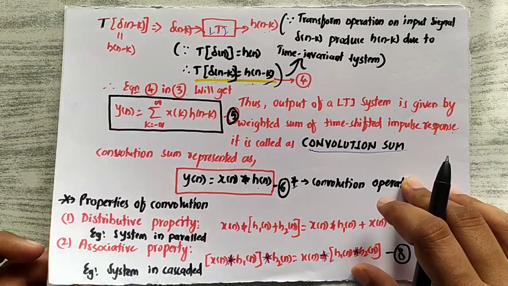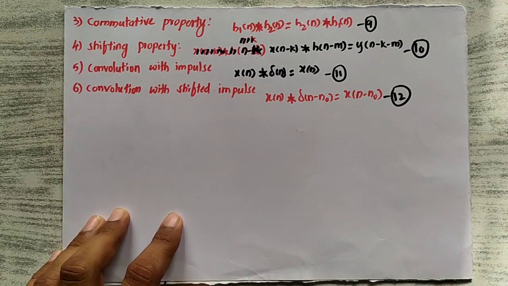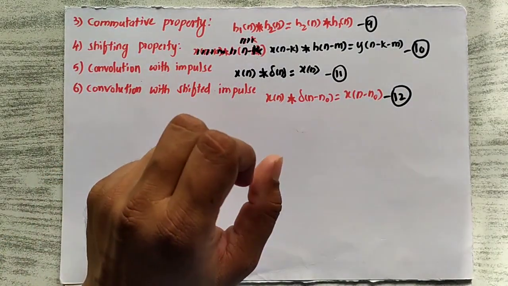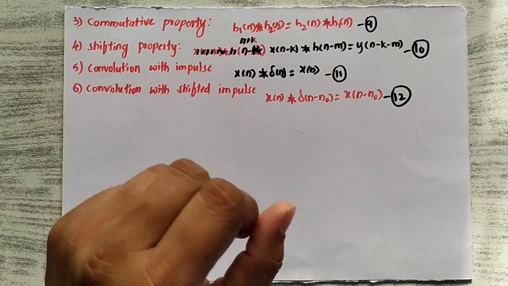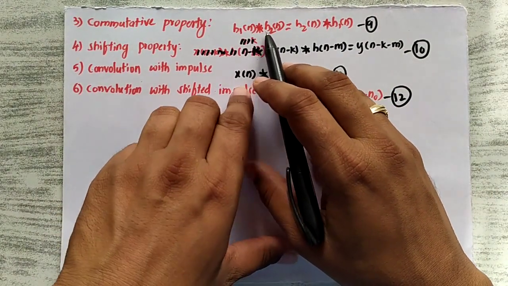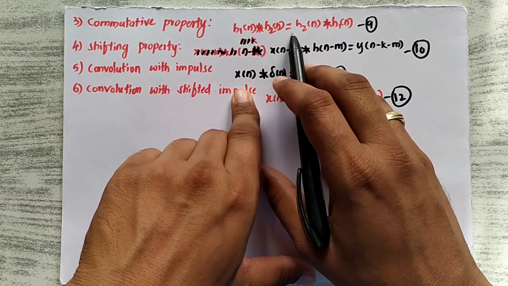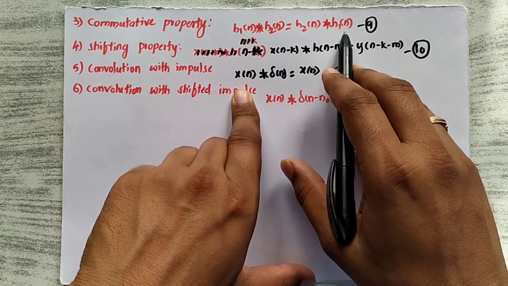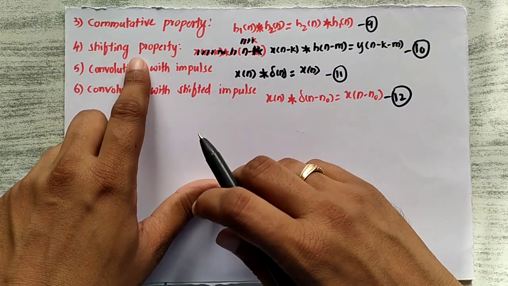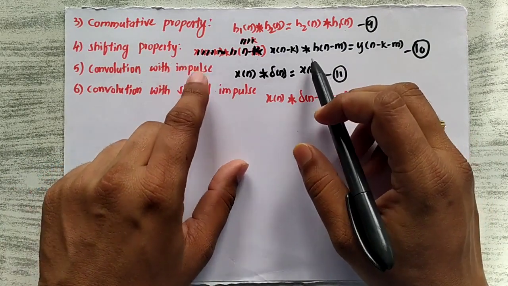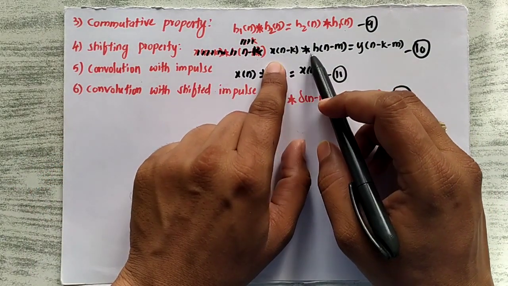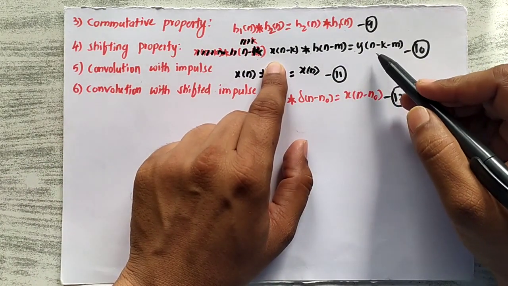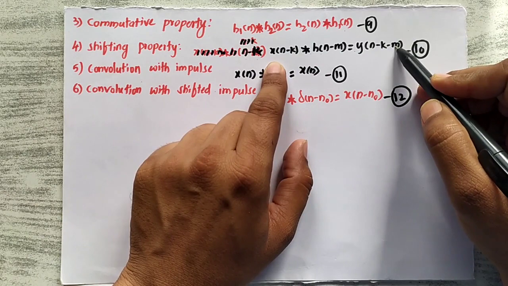Apart from that, there are a few other properties. Commutative property: h1 of n convolved with h2 of n is nothing but h2 of n convolved with h1 of n, I can interchange them. Then the shifting property: x of n minus k convolved with h of n minus m produces y of n minus k minus m.